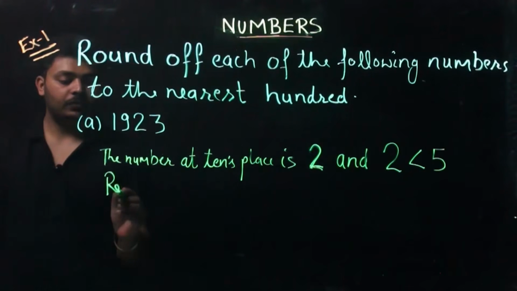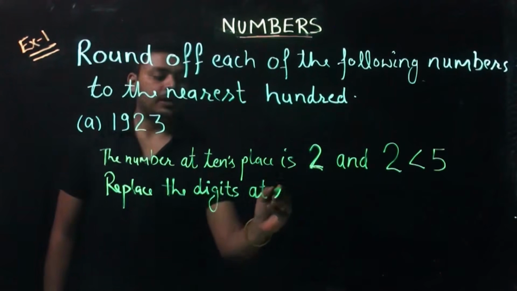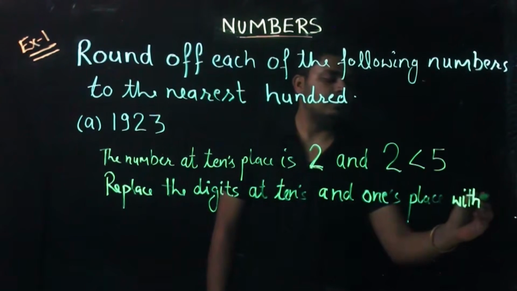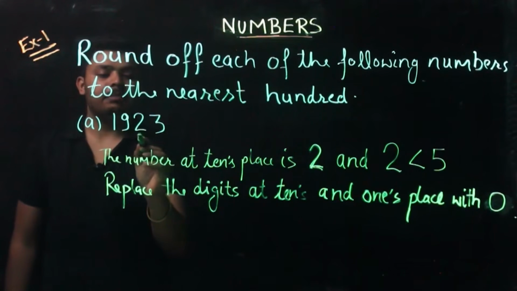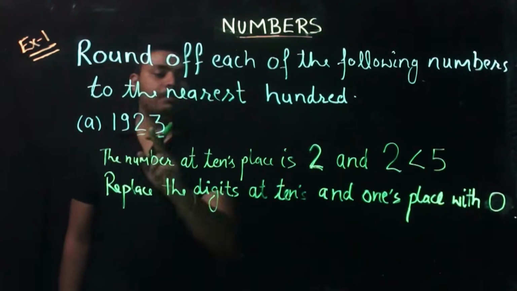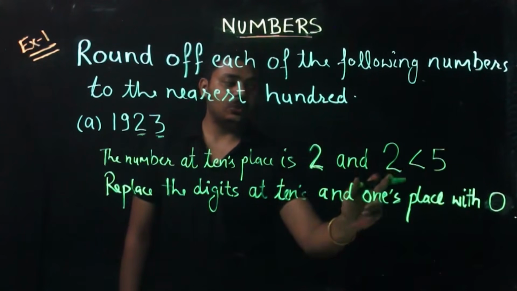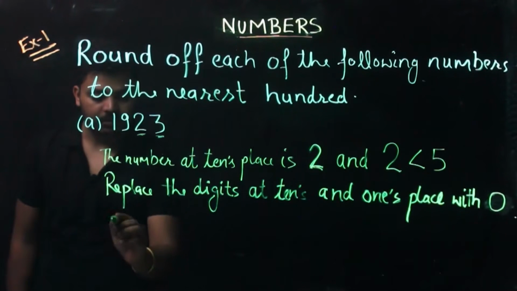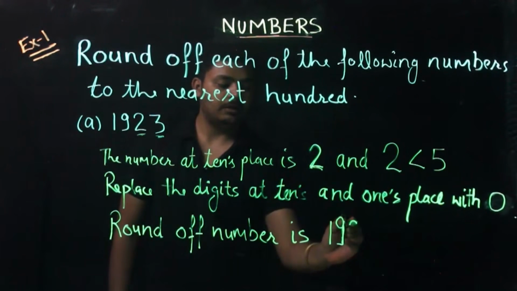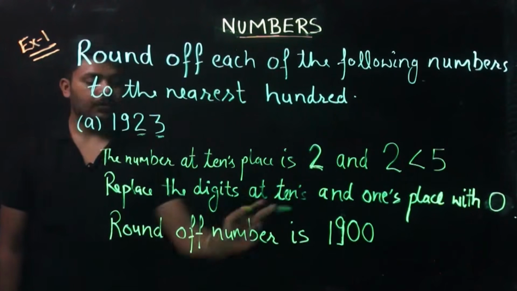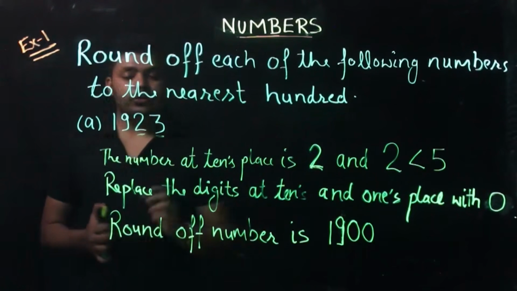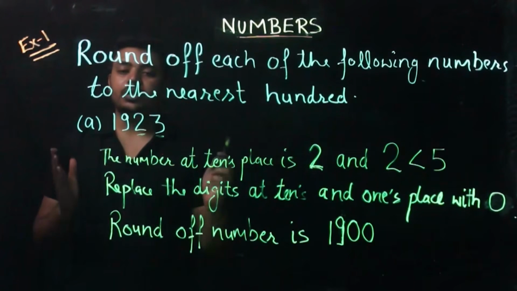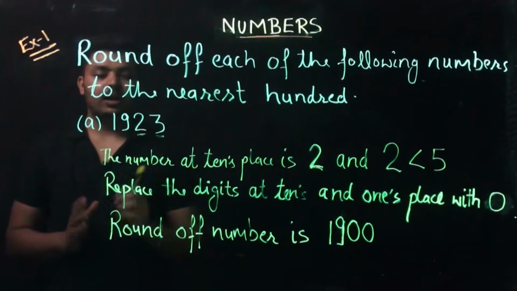We only need to replace the digits at tens and ones place with 0 in case the number at tens place, that is 2, is less than 5. So our round off number becomes 1900. This is the round off number to the given number. I hope students you have understood how to round off the number to the nearest 100. First thing, count the digits.